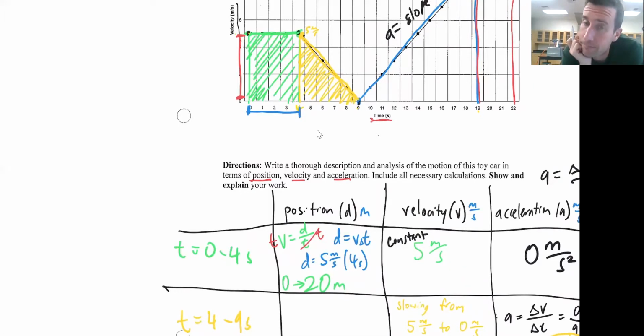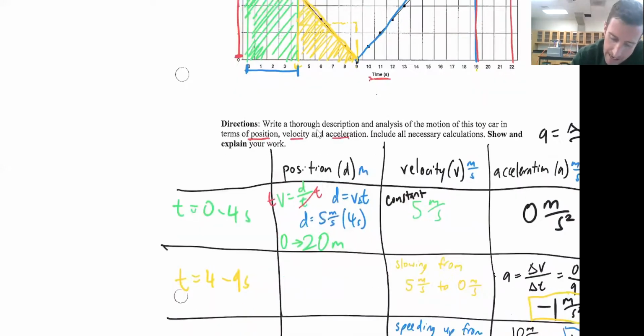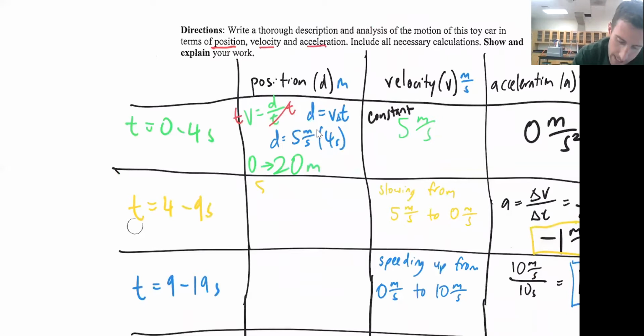I could also say that this is like taking the average velocity, 5 to 0. The average would be 2.5. So it'd be like right there. If I take the area there, that is 5 meters per second times 5 seconds, but it's also times 1/2 because it's a triangle.